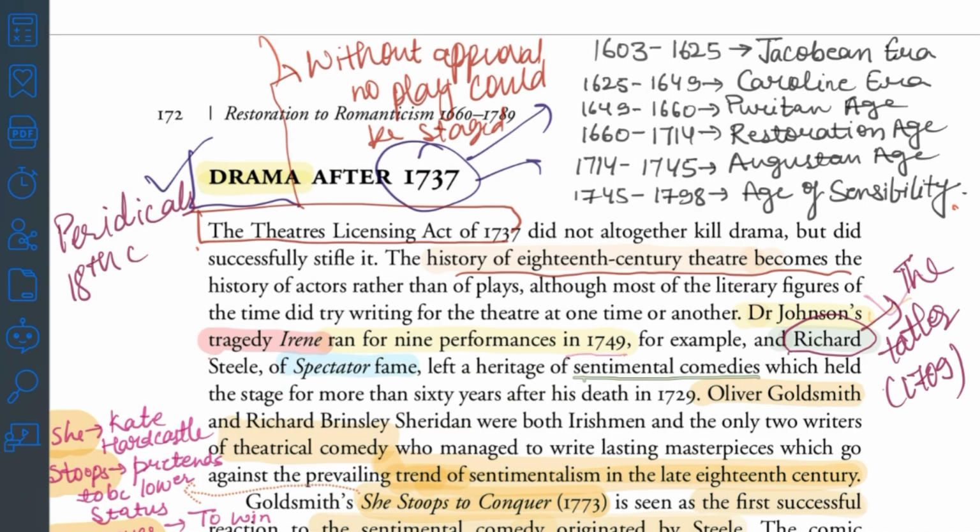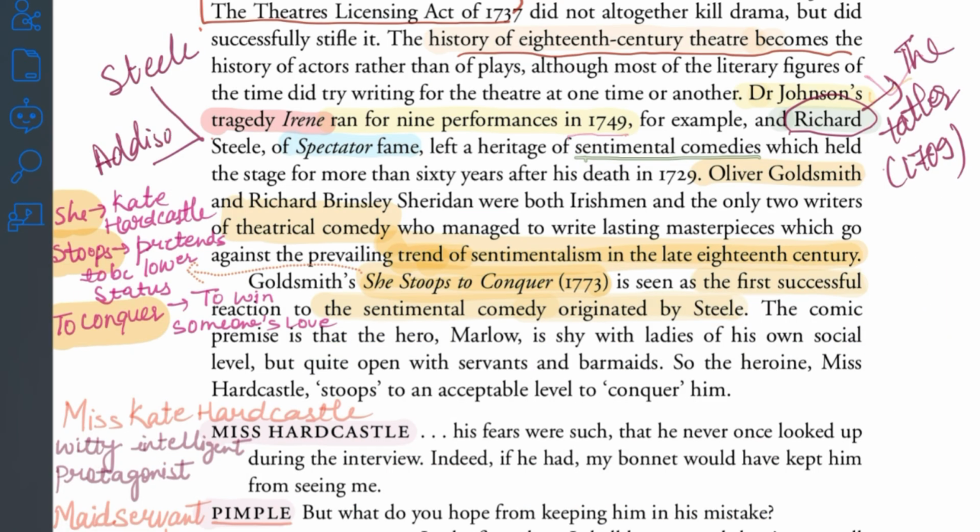It was started in a collaborating way. They have collaborated by Steele and Addison. So they both collaborated in 1711. Remember this date, it started in 1711. So it became very famous. Why did it gain fame?